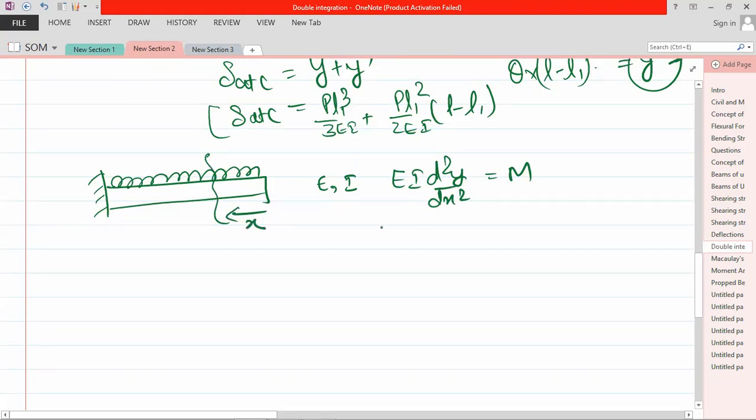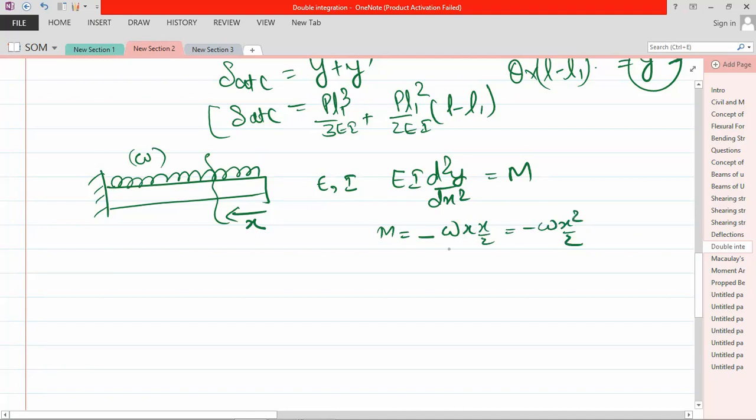M is equal to minus, suppose this small w into x by 2, that is minus w x square by 2. I hope everyone knows how to obtain this.